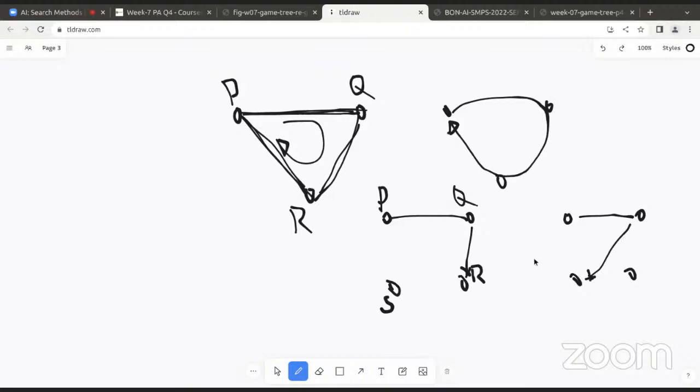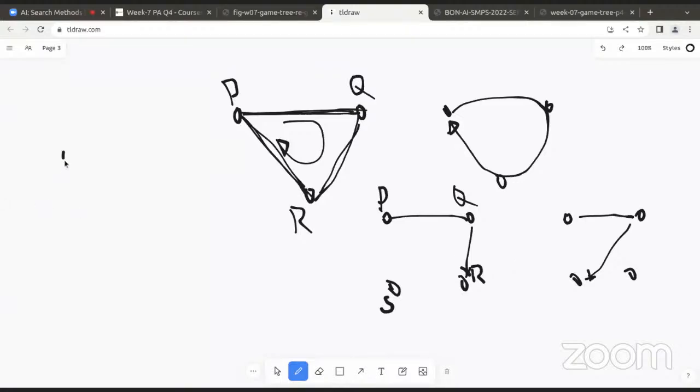Now you see a state space kind of diagram here. From P also I have 3 choices: I can go to Q, I can go to S, or I can go to R. I have many choices. If you draw like that, you will figure out how many tours are possible for 4 nodes.